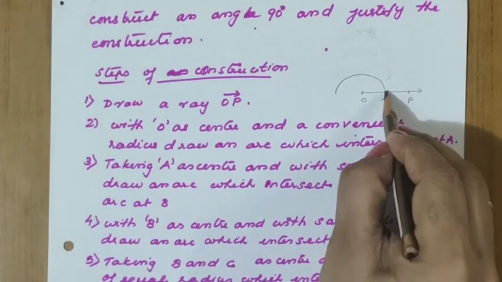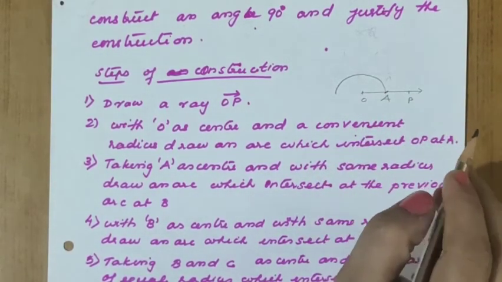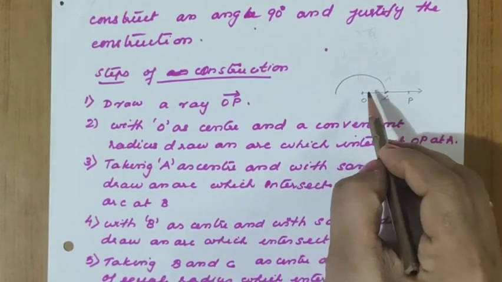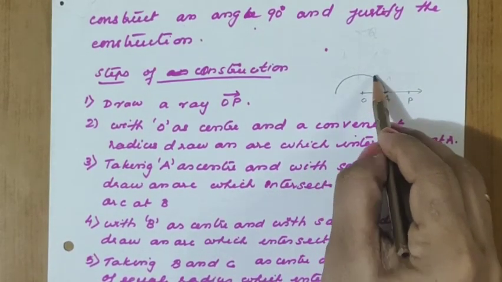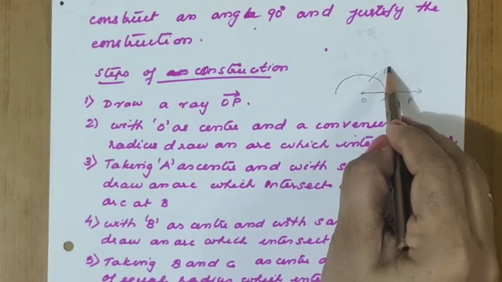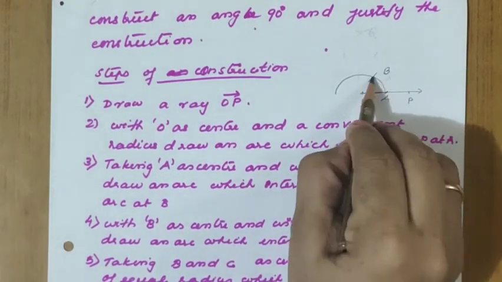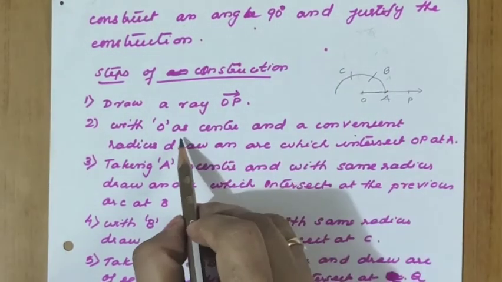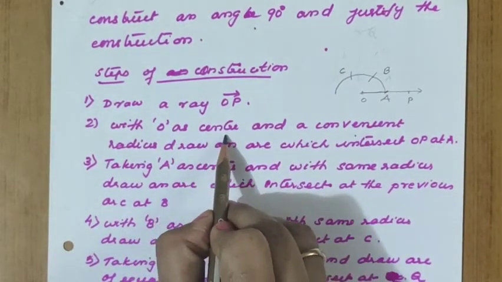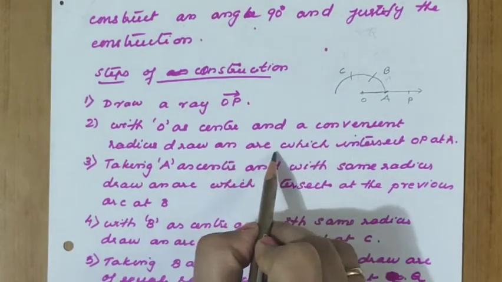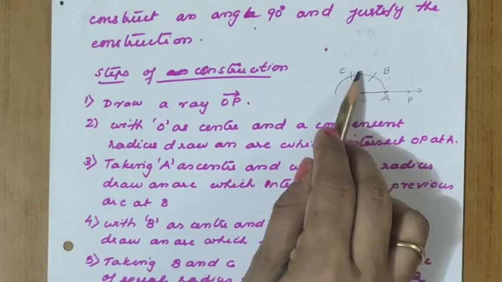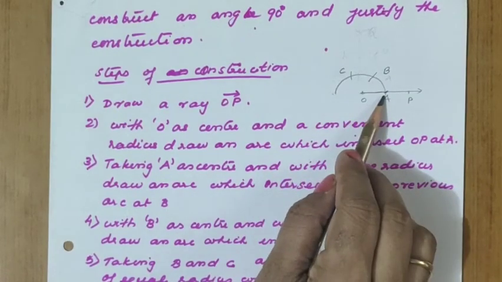Now with A as a center, we cannot change the radius. That is the important point here. With A as a center, with the same radius we have taken, we will draw another arc, B. Again with B as a center and the same radius, cut one more arc, that is C.